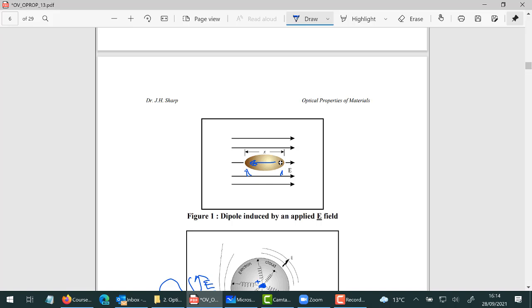Remember, if I want to make an electric field, I have to take some positive charges and some negative charges and separate them out, and that's how I get my electric field. So here I've applied an electric field, I've separated out the charges, and I've created an electric dipole, and that then creates its own electric field in here.